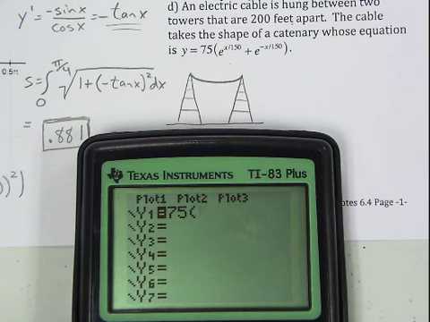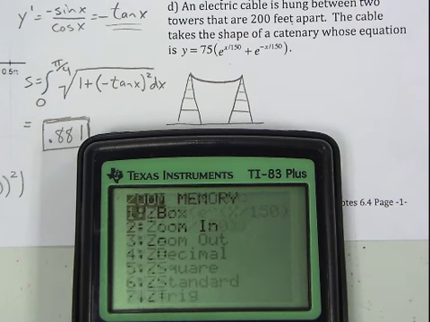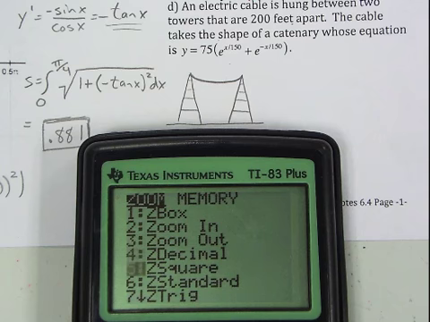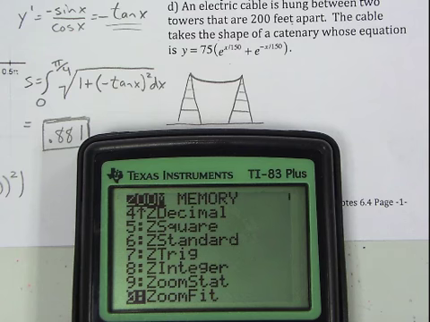E to the x over 150 plus e to the negative x over 150. Wouldn't the limits of integration just be 0 to 200? I'm just going to do zoom fit. 200 feet apart, so, well, we don't know where the curve falls in those 200 feet.